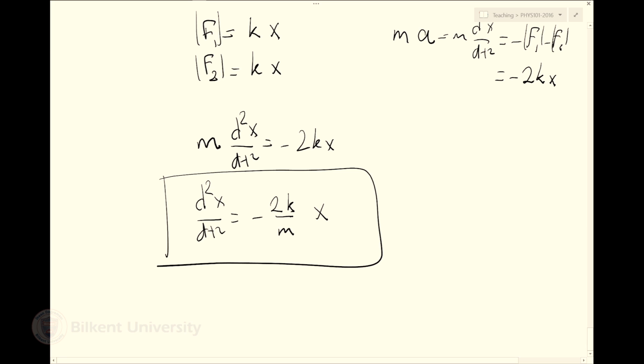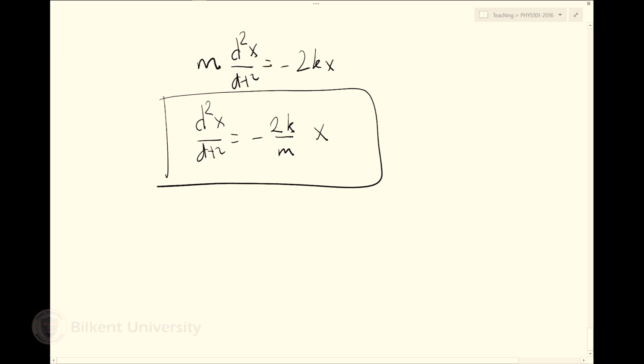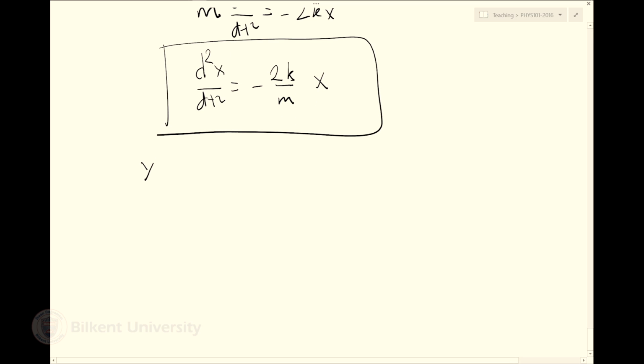That's my one and only dear differential equation, right? So I know that the solutions are going to be C1 cosine omega t plus C2 sine omega t. And the question is asking for the angular frequency, so I just need to find what's omega.